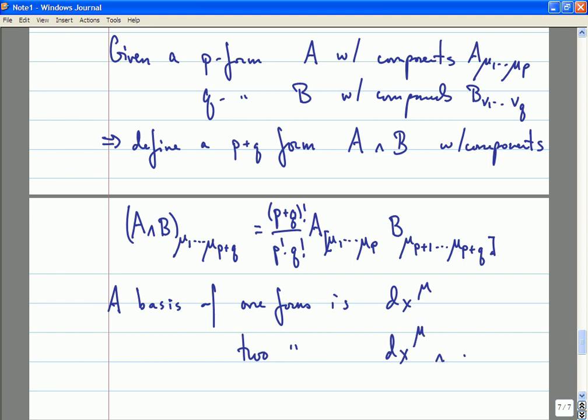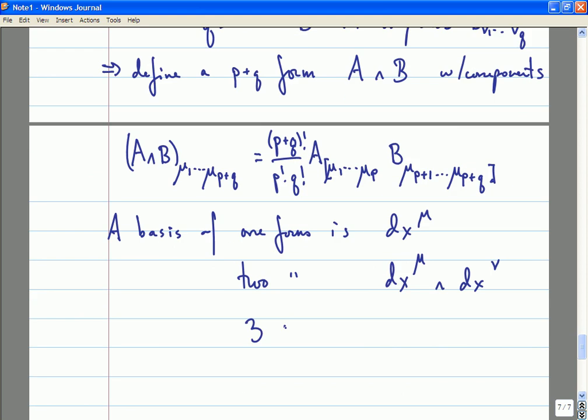So there are d times d minus 1 over 2 independent choices of this tensor, because dx mu wedged with itself is equal to 0, because dx mu wedge dx mu is both symmetric and antisymmetric under the interchange of indices. Likewise, a basis of three-forms could be given by the functions dx mu wedge dx nu wedge dx rho, and so on and so forth.